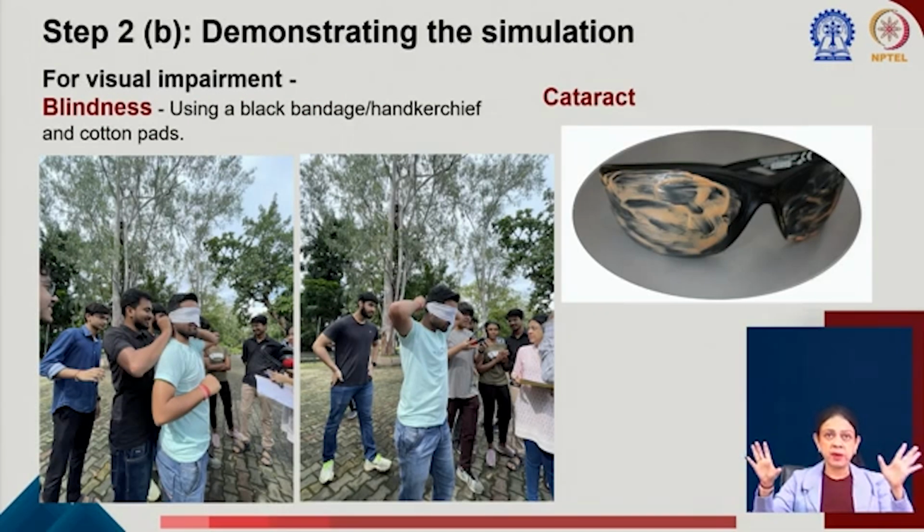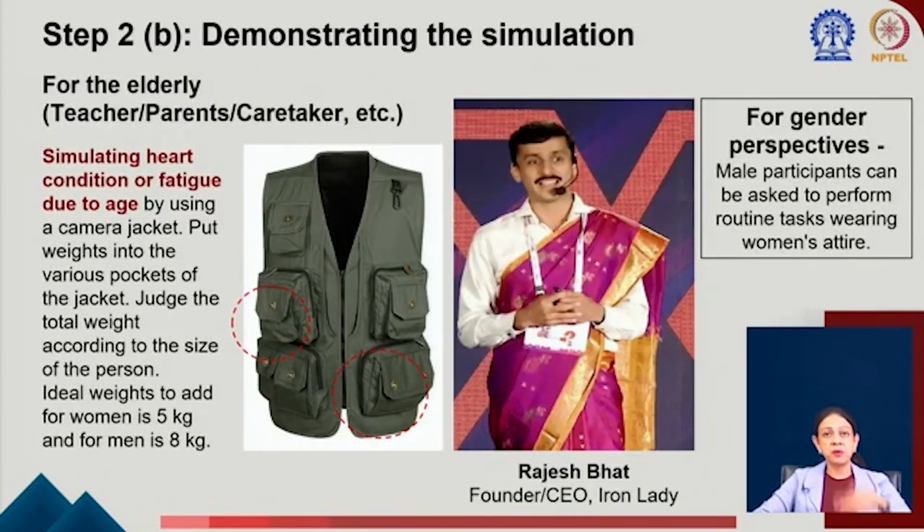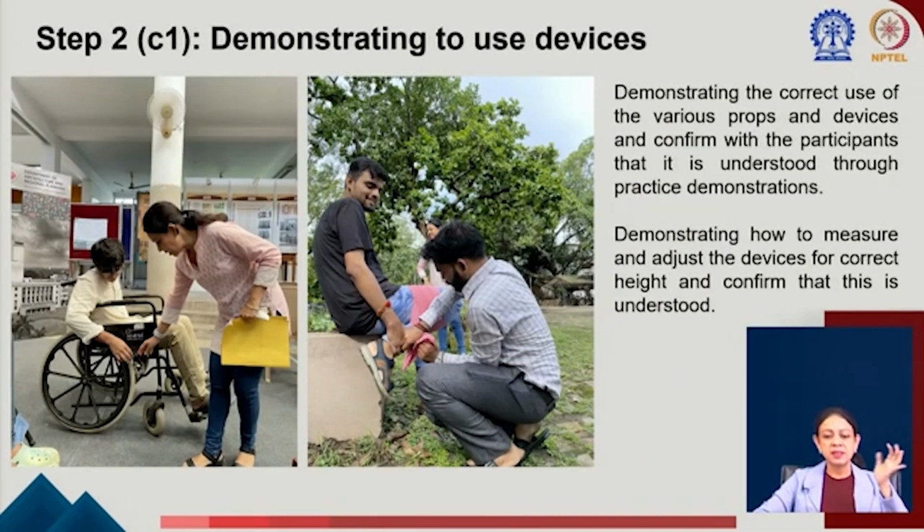The best for blind, you can just go for this black bandage or handkerchief and cotton pads. And otherwise for cataract and all, you can have sunglasses smeared in some liquid or soap or something like that. For elderly, for simulating heart conditions, you can use jackets.